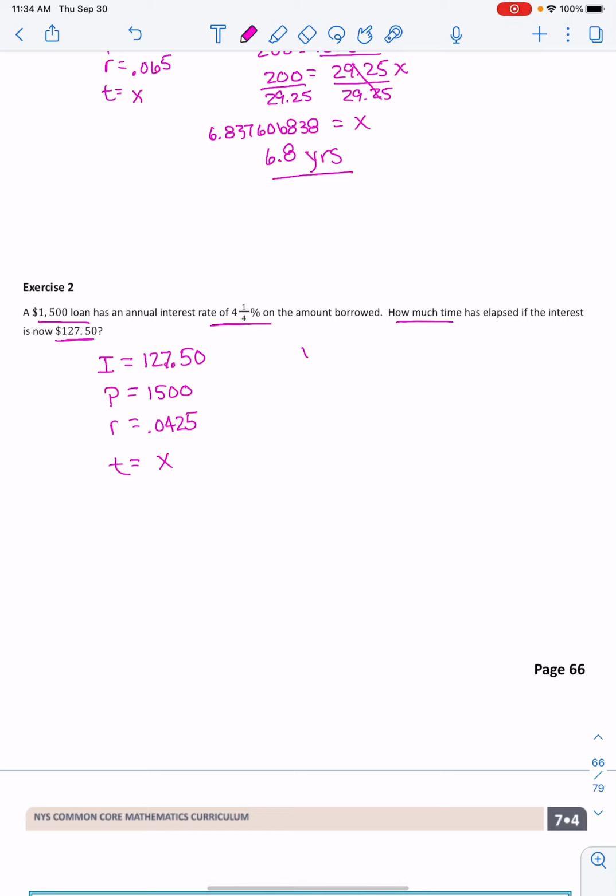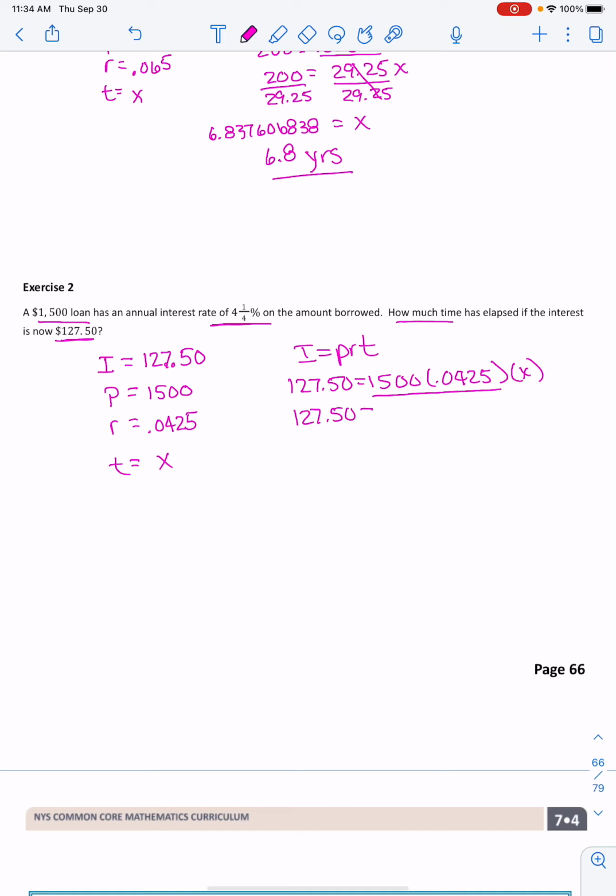So we have I equals P, R, and T. We are going to replace. So we are going to multiply these two numbers together.